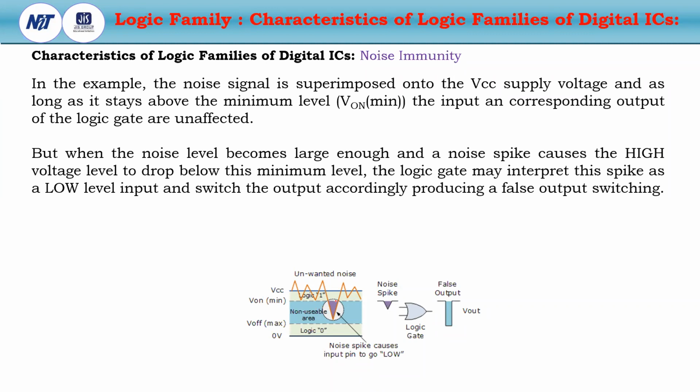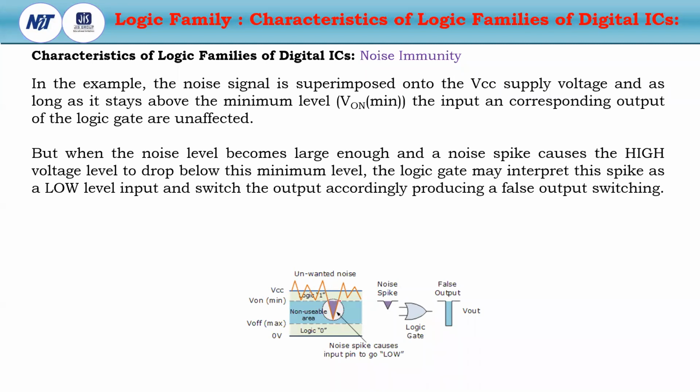But when the noise level becomes large enough, this is the noise. The noise level becomes very large, and the noise spike causes the high voltage level to drop below this minimum level. This is the unusable area.